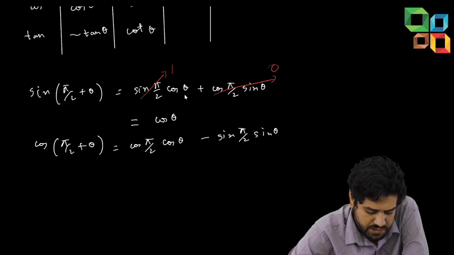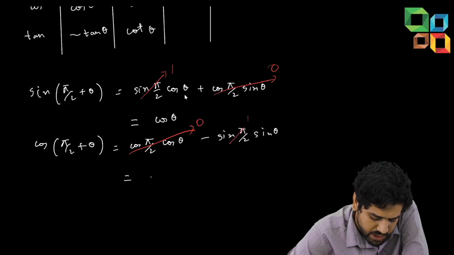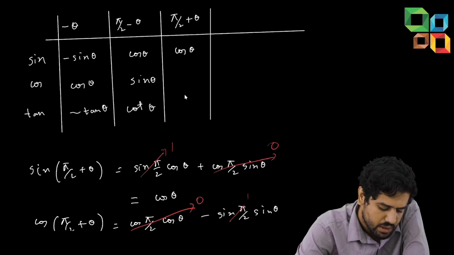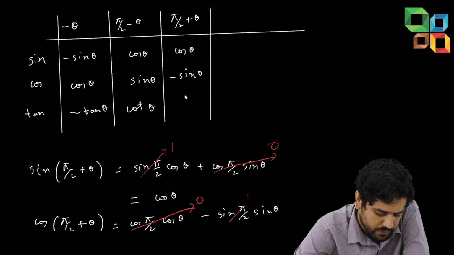Again, cos pi by 2 is 0, so this term will go to 0. Sin pi by 2 is 1, so this will be minus sin theta. So this is minus sin theta. And for tan, you will get minus cot theta.